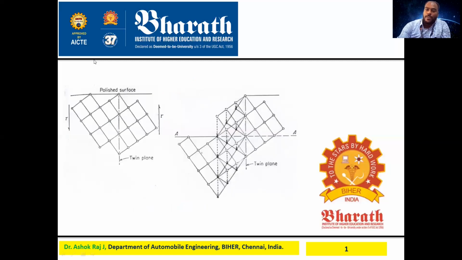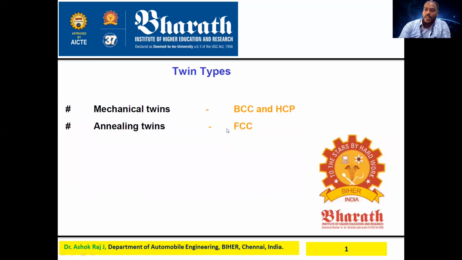If you see the polished structure, you can see how neatly the stress and twins follow the arrangement. But if you see the unpolished surface, the structure will be irregular. There are two types of twins available.